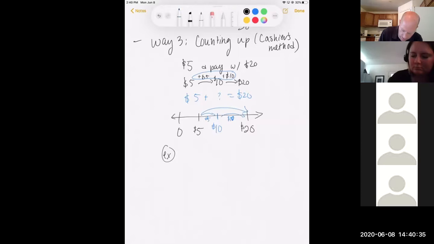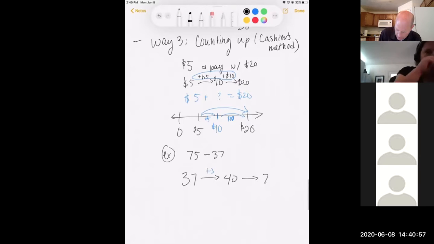We're doing 37 up to 75, so 75 minus 37. I'm going to start with 37 and go to 40, because I'm going to do nice numbers first, so I add 3. Then I go from 40 up to 70, and to do that I add on 30.